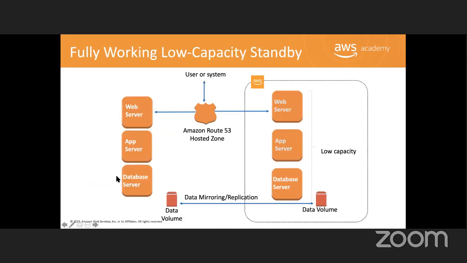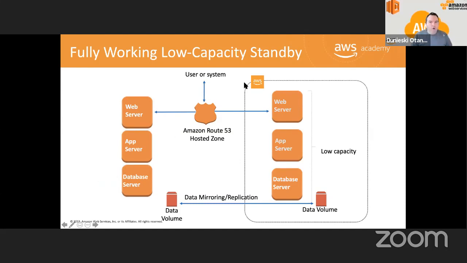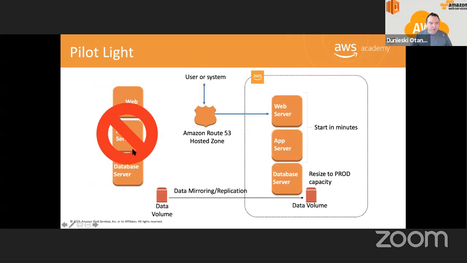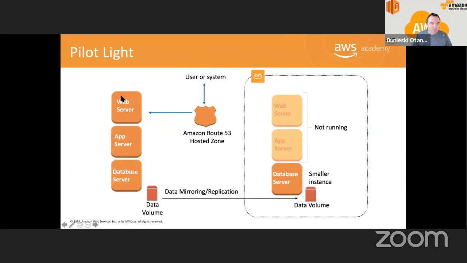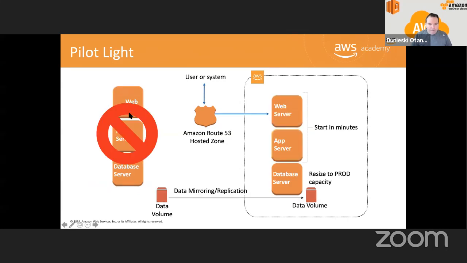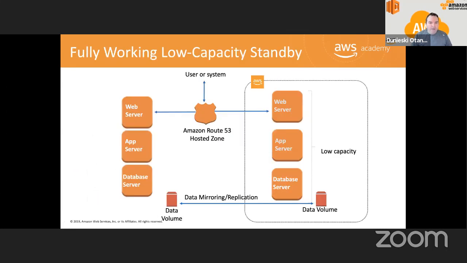Okay. So fully working low capacity standby. Okay. Why fully working? You see these guys are constantly working. You see both. Okay. In the pilot light, there was only one section working, the one on premises, right? In this one here, we have everything working. Right?